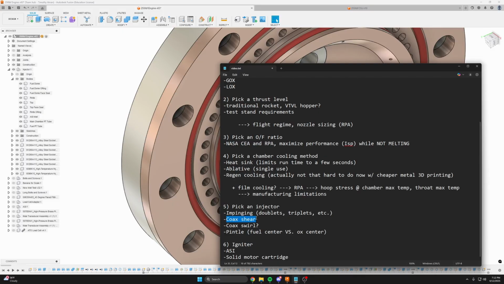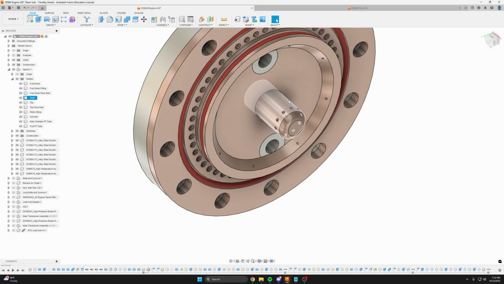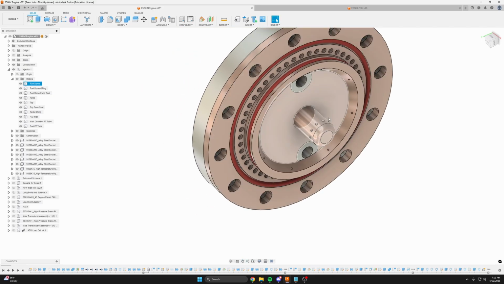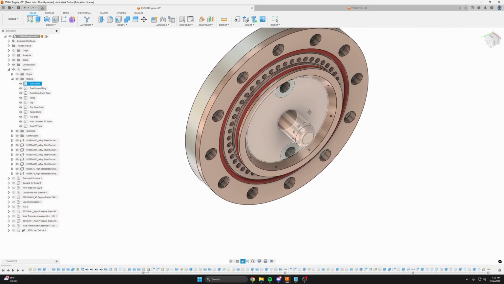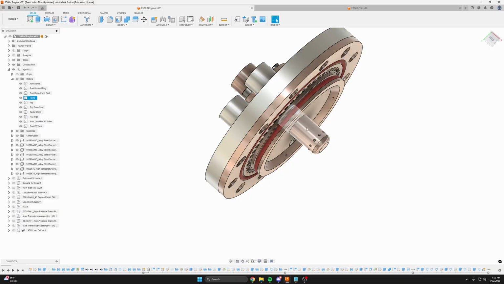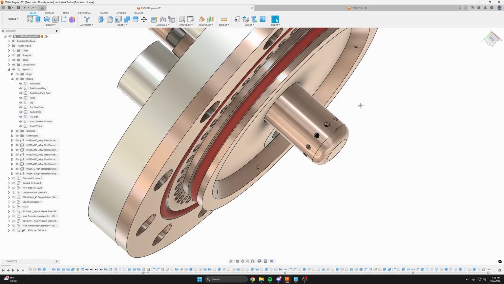Coax shear. This is another pretty easy injector to design. It's basically the case of one propellant goes through an annulus like this, and the other propellant just goes through a hole, and the propellants sort of shear against each other while both traveling downstream axially at the same time.